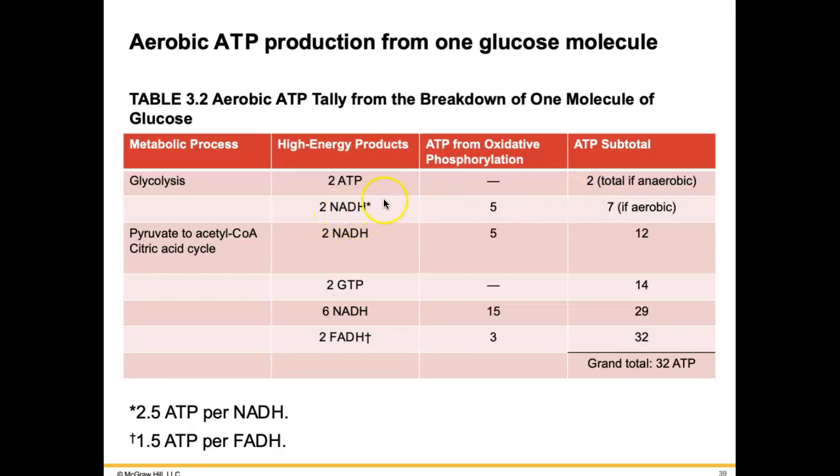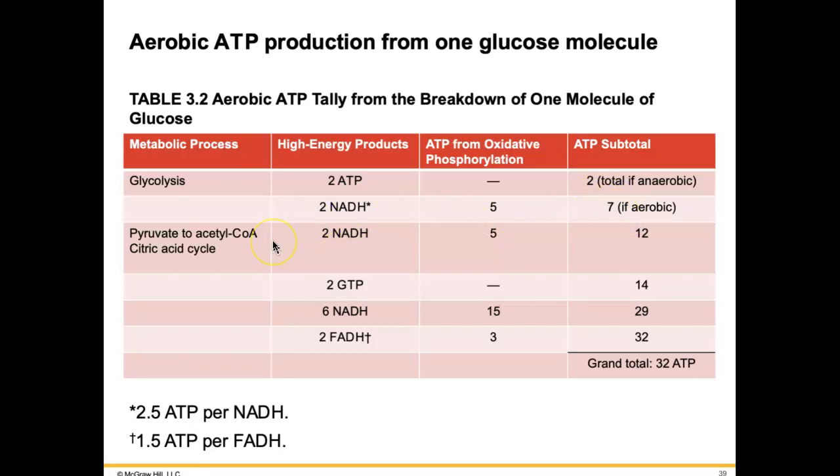We also were able to obtain 2 NADH within glycolysis, and later on, because our conversion of this will be 2.5 ATP, it is eventually going to result in gaining 5 ATP. So if we do continue into that aerobic process of the citric acid cycle and electron transport chain, then we are going to have 7 ATP total at this point.